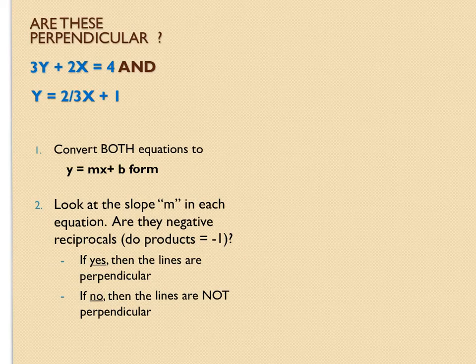Let's give it a try. Determine whether these two lines, if they were graphed, would be perpendicular. Convert both equations into y equals mx plus b form. This one is already in y equals mx plus b form, so let's just convert the first one.